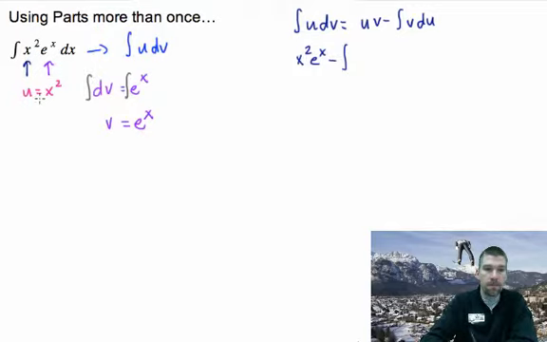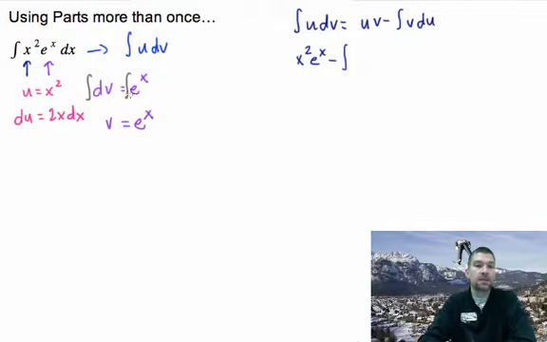So du is going to be 2x dx. Did you see what I did? I did 2 for the price of 1. I went ahead and multiplied both sides of my equation by dx right here. So now that gives me 2x dx times e to the x.